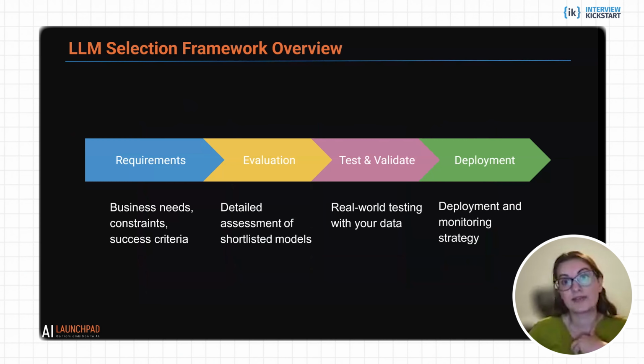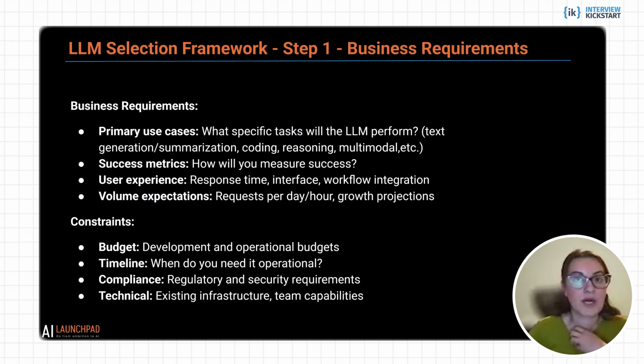Once they have really buttoned down a set of requirements, that's where we actually want to move to the evaluation phase, and we actually test it, and finally we start the deployment.